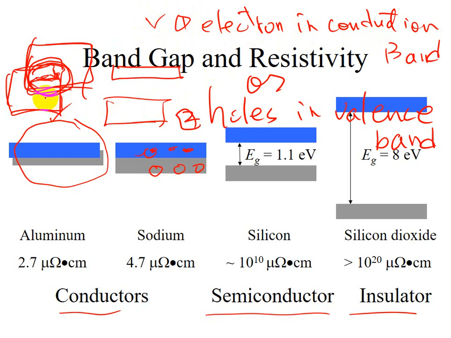Because the electron moves from valence band to conducting band, it will leave behind a hole in valence band. So in this case, it will meet both criteria. In the case of aluminum, that is why aluminum is a conductor.